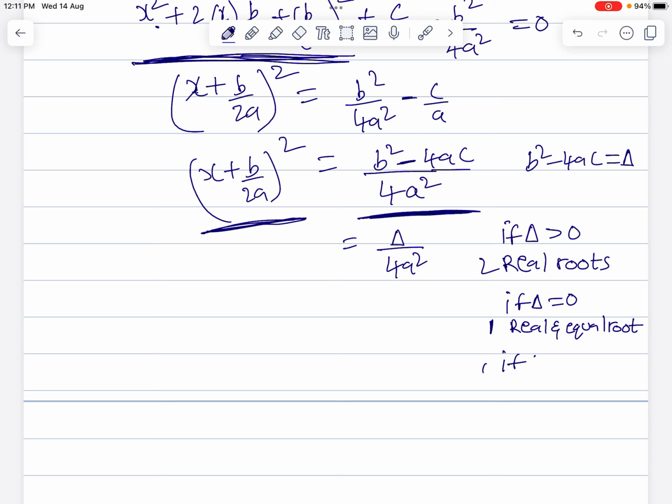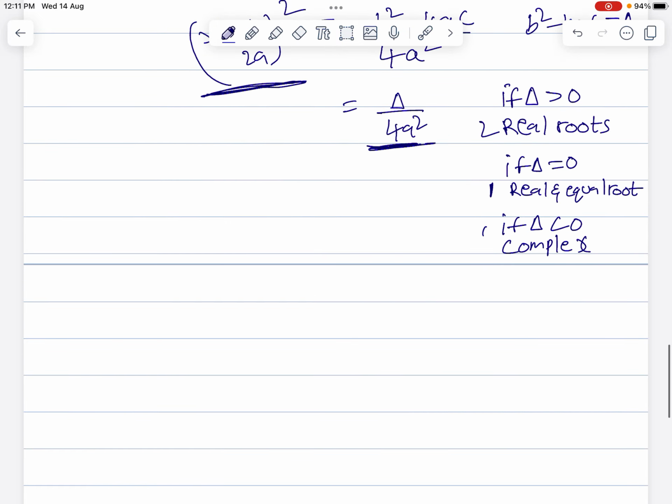If delta is less than 0, we will have complex roots, because this whole delta by 4a square is going to be negative. So when negative roots are there, we will get complex roots. Let us solve this further, then we will get a good idea.